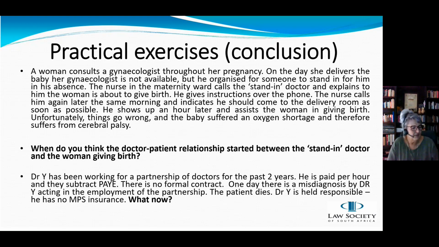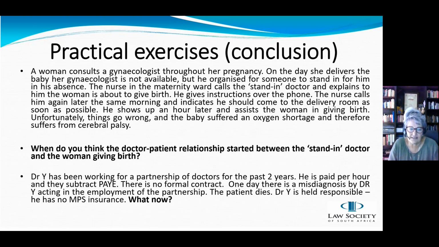Okay, the partnership then is not a legal entity, therefore all the partners in their individual natural capacity will be sued. And what is also important is that Dr. Y has no insurance. Every doctor practicing must have insurance, because if things go wrong, then the insurance will pay out. But Dr. Y has no insurance.